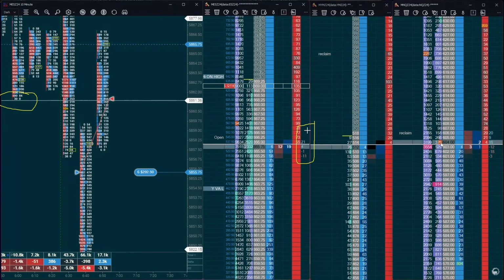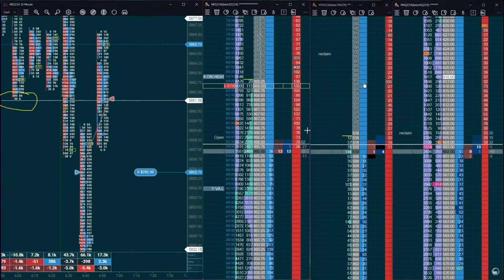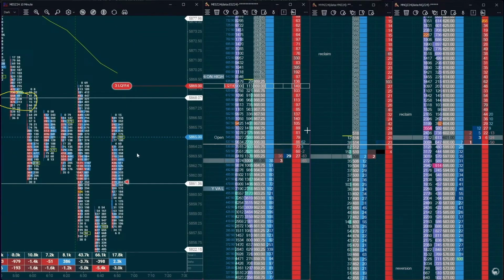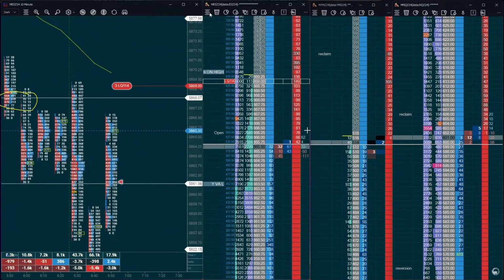When I start to see that kind of momentum shift as we head into these critical levels of confluence, I start to be conservative and assume, okay, we can probably stall here and pull back. That would be very natural.